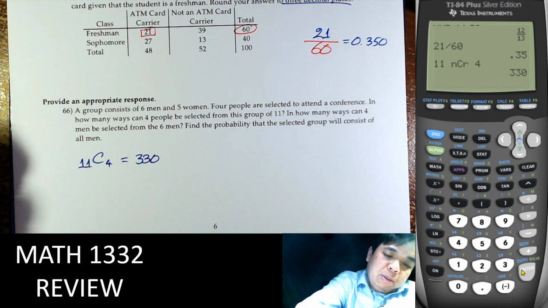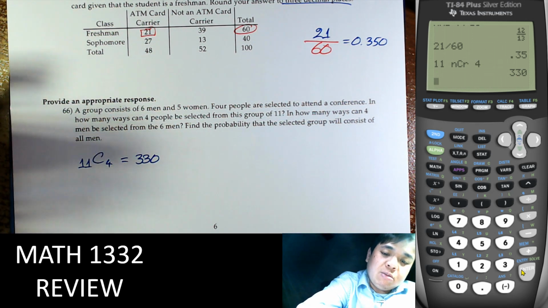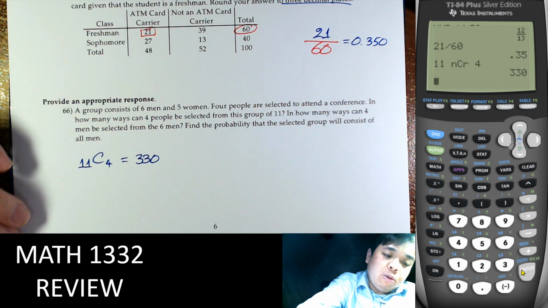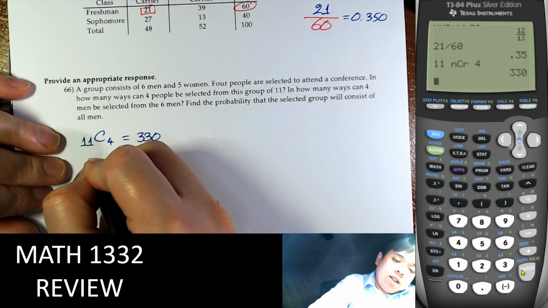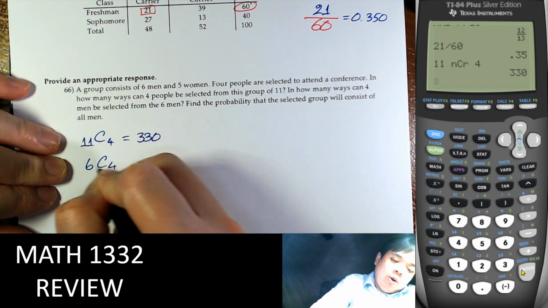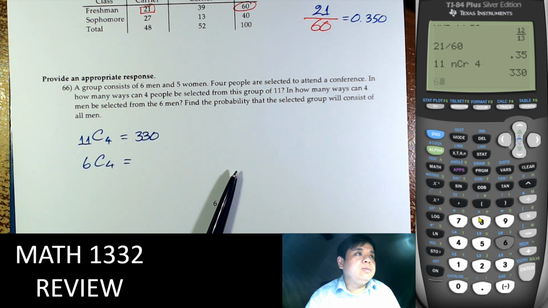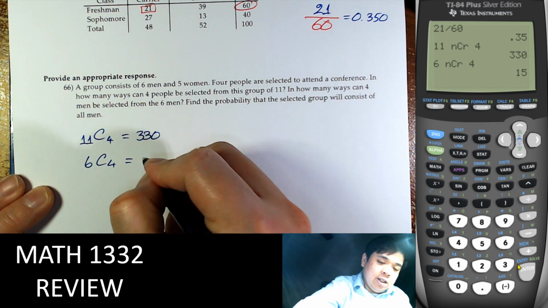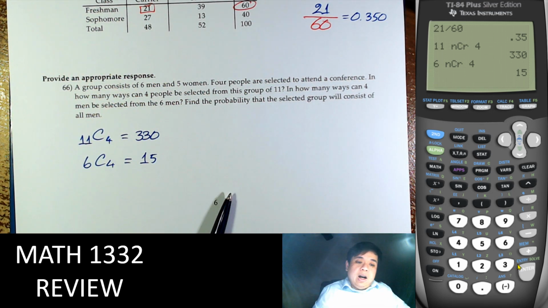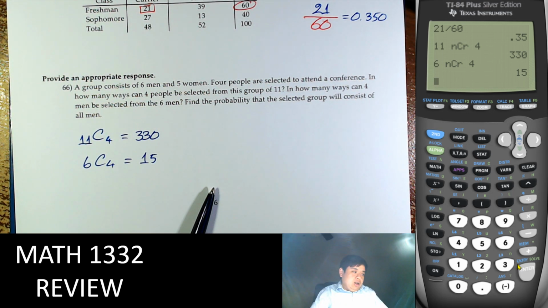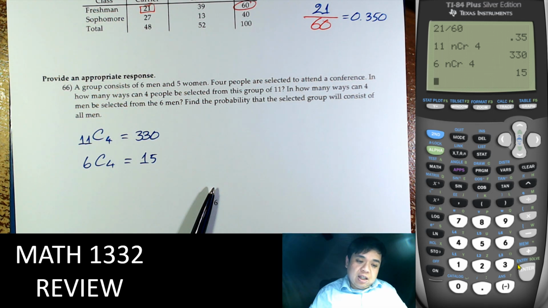And how many ways can 4 men be selected from a group of 6 men? So we select 4 out of 6, 4 men out of 6. That gives us 15. So there are 15 ways of selecting the 4 men out of 6.